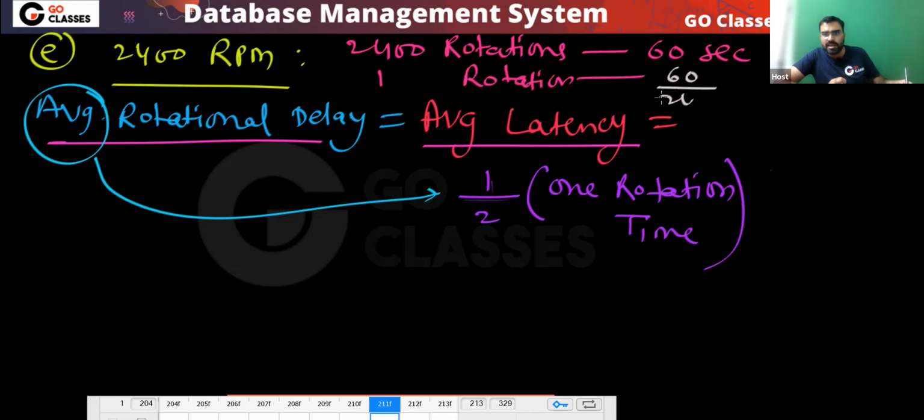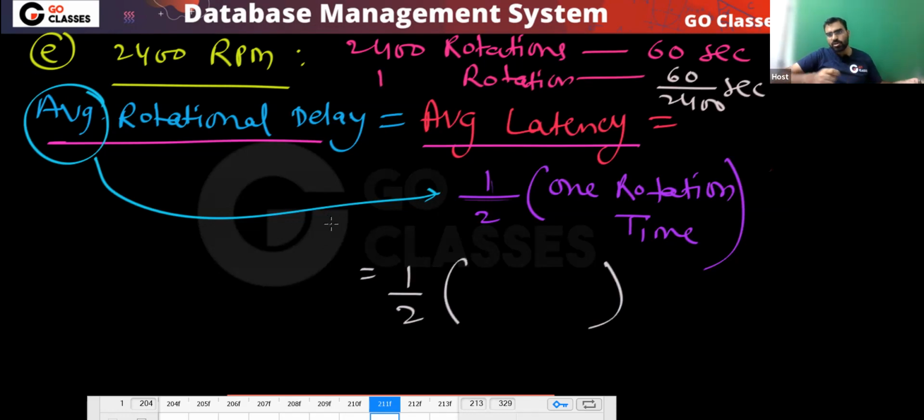That is 60 divided by 2400 seconds. In milliseconds, you can find it out. In one rotation, how much time are you getting?